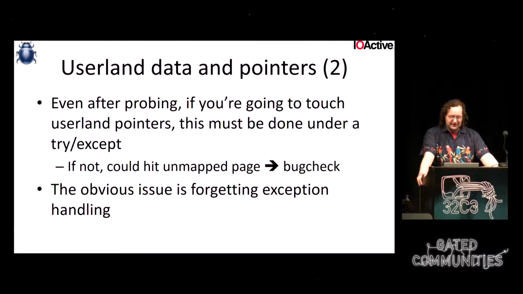The reason is that after it's been probed, a second userland thread could take your mapped address and change the page protections or unmap them. Then somewhere in kernel, after the probing, they just use these pointers, and all of a sudden they're reading or writing to unmapped pages, which will throw an exception. That's why you must always do a try except.